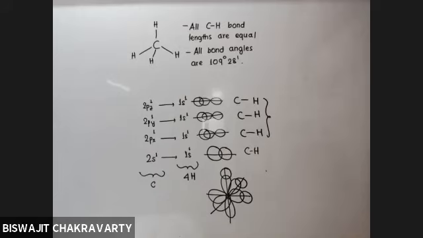One of the bonds is due to overlap of s orbitals, and the other three are formed due to overlap of s and p. So s and s are two spheres, and s and p are one sphere and one dumbbell. As the dumbbell has a longer size, sp sigma bonds will be longer with respect to ss sigma bonds. Understood?